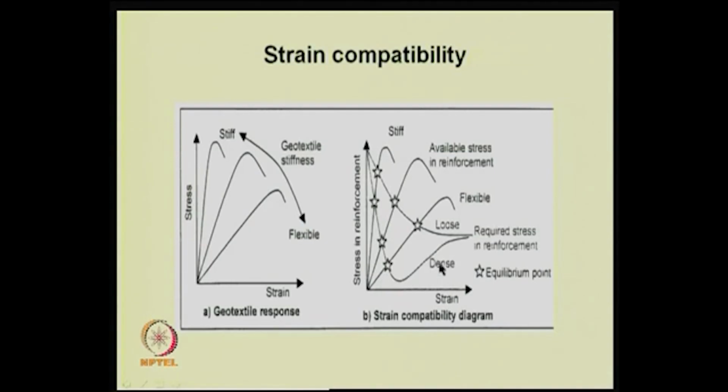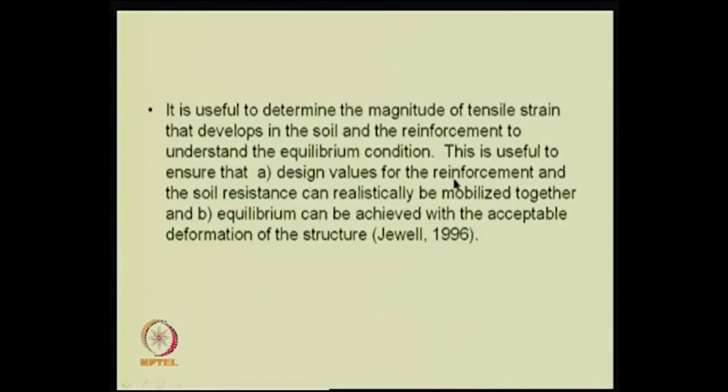This is an important concept in terms of understanding what strain is required. We will see some more information on this. Why this is very important is that it is very useful to determine the magnitude of tensile strain that develops in the soil and the reinforcement, to understand the equilibrium condition.